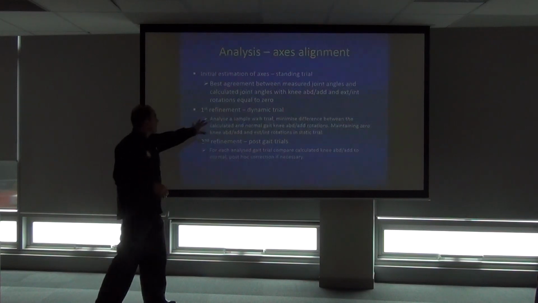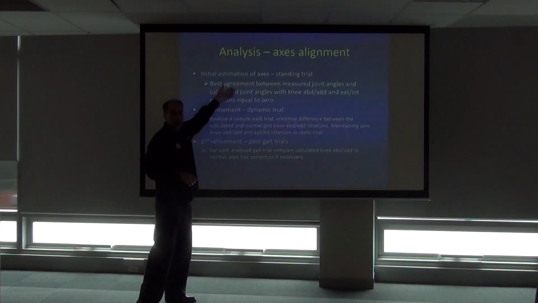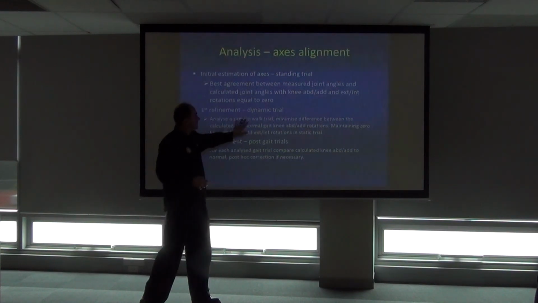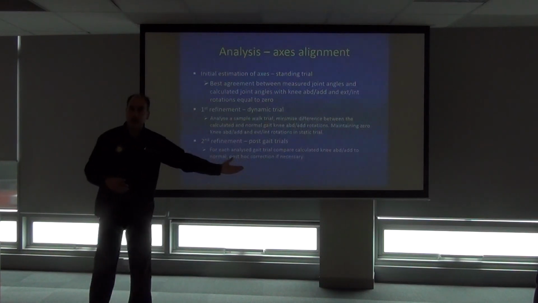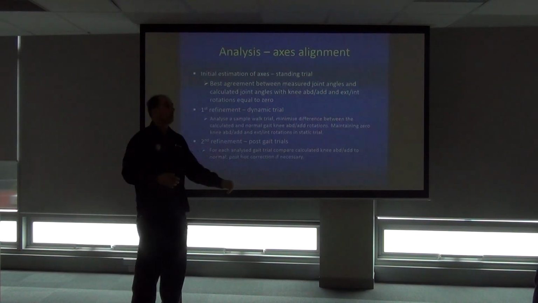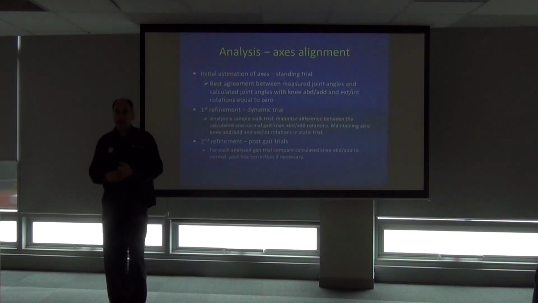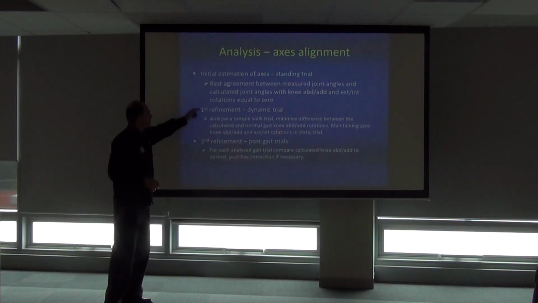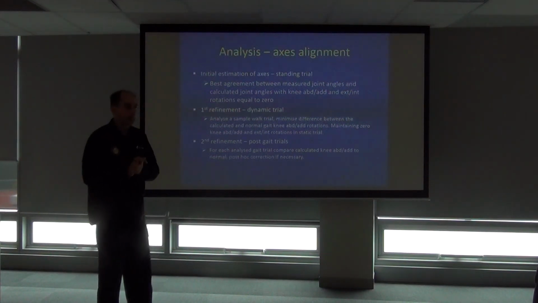And we go back to the static trial, minimising differences between our measured, keeping 0 internal, external knee rotation, but also now trying to reduce differences between that normal pattern of walking, knee abduction, adduction, internal, external rotation. So there's initial estimate, then first refinement of axis alignment.